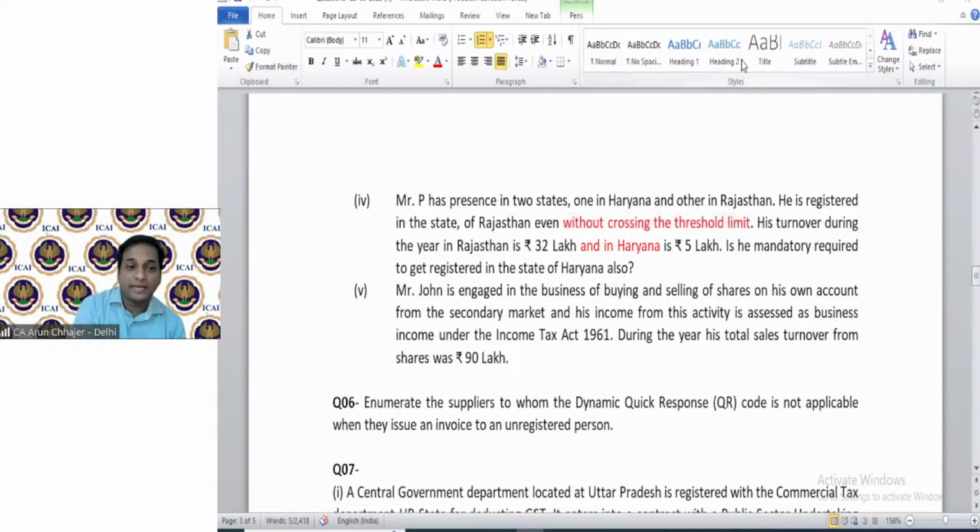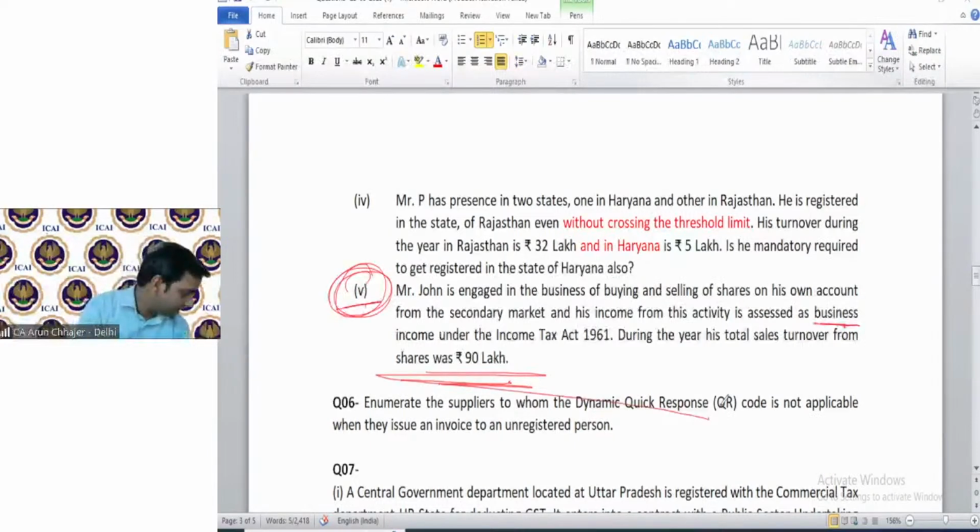Okay. Now please tell me, because it is a business income in situation number 5, whether this person, Mr. John, needs to take registration or not. What is being considered in the income tax is immaterial. Under which head it is treated is immaterial. Whether you are counting this income as a capital gain or as business income, no matter. Correct.